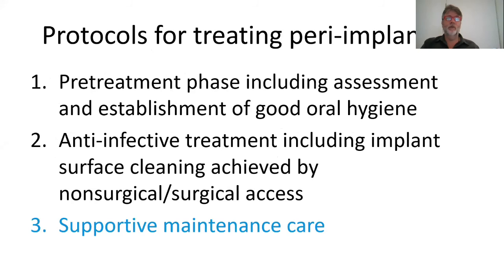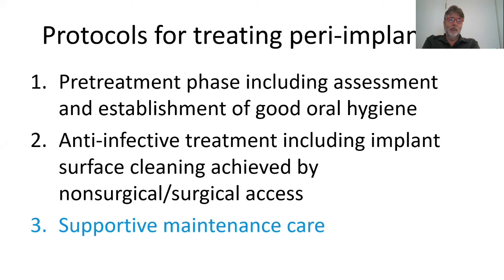Then, protocols for treating peri-implantitis. The pre-treatment phase includes assessment and establishment of good oral hygiene. There is no point going in and doing any grafting or membraning if the patient isn't maintaining things. They've got to show at least a couple of months of maintaining things. If they don't, and if they're smoking, they just have to give up the smoking, because you're just wasting your time.